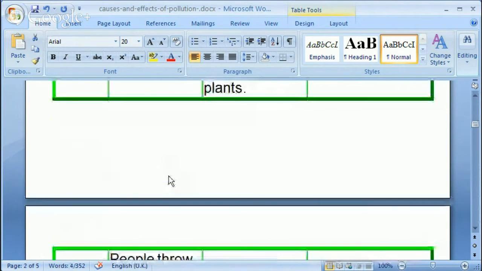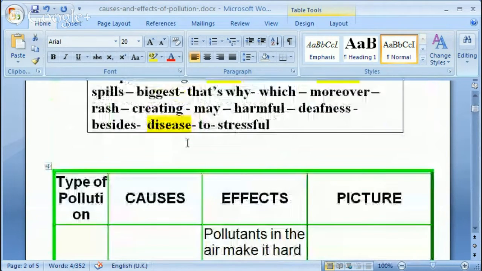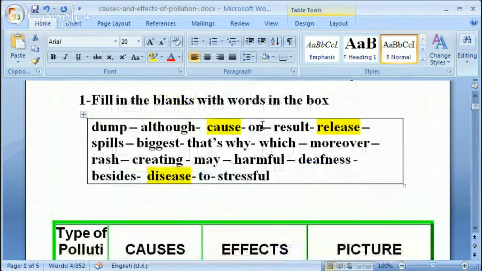Okay, what word is best going to connect cause and effect? And we've already chosen on. Or explain cause and effect. Well, that's why usually explains cause and effect very well.